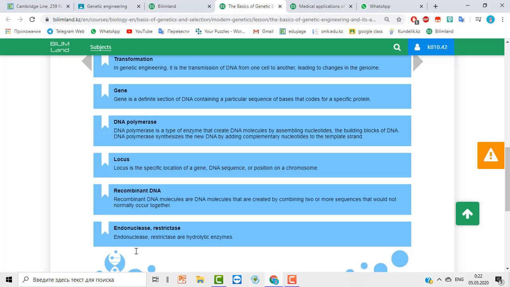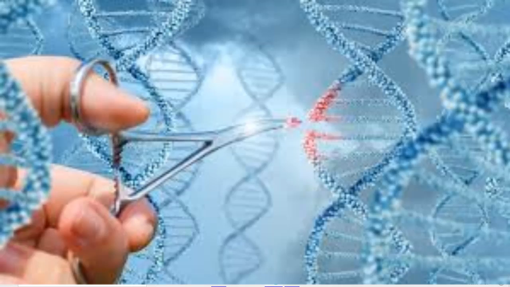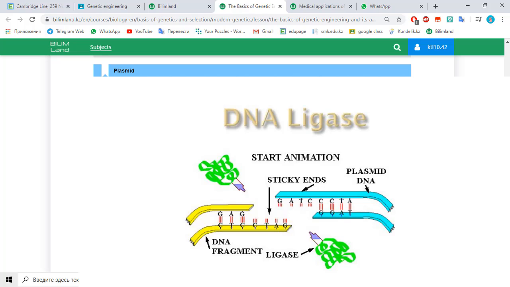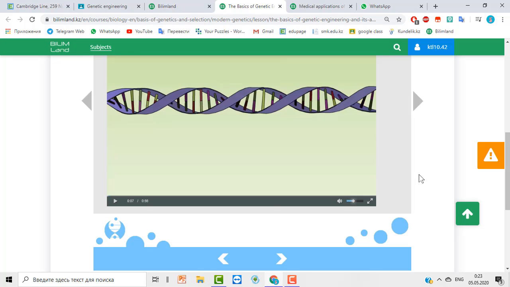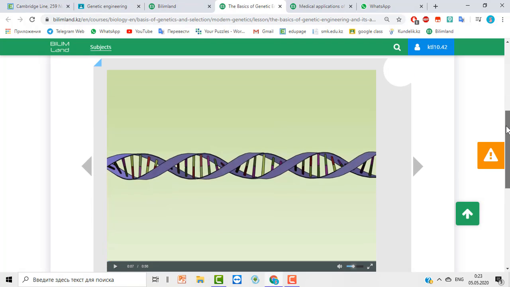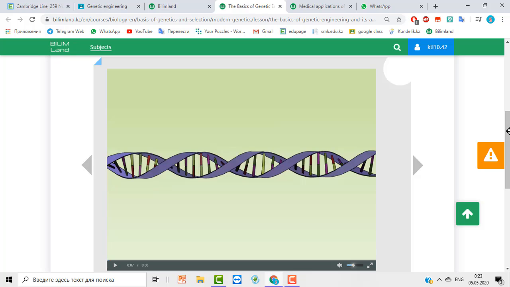It is a restriction enzyme which helps to cut fragments of DNA. And the last terminology which you should know is DNA ligase, which helps to stick the ends of the DNA, which are short lengths of unpaired bases. Let's watch this video about restriction enzymes and DNA ligase.